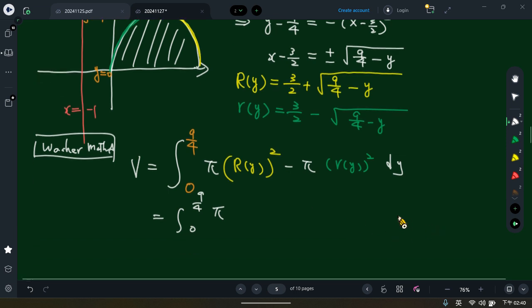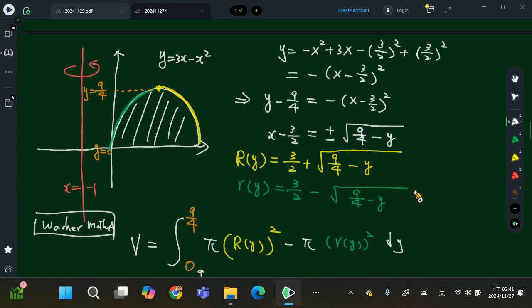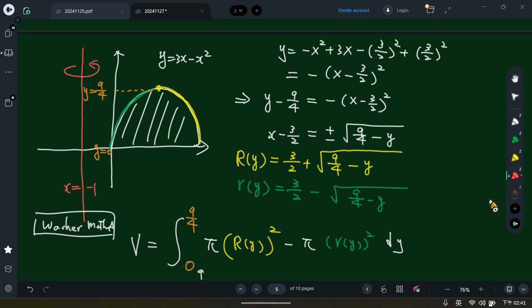Then we just simply move the pi, because we have the common item pi. Maybe some mistake here, I forgot to do something. Our y should still have, because the distance here we need to calculate is yellow part minus 1.